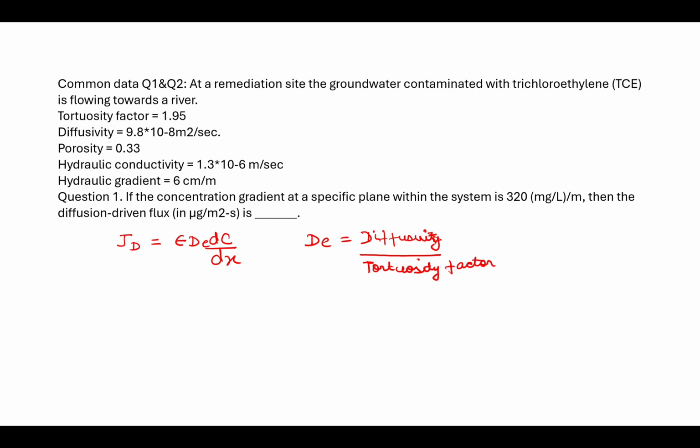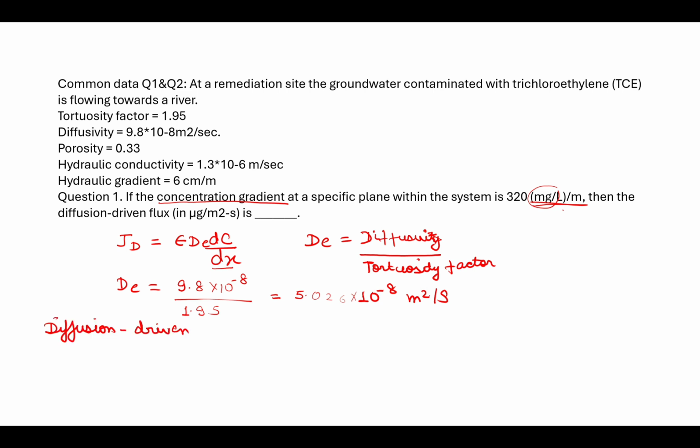So the diffusion driven flux will be: we have porosity as 0.33 into the coefficient we have found as 5.026 into 10 raised to the power minus 8 meter square per second.